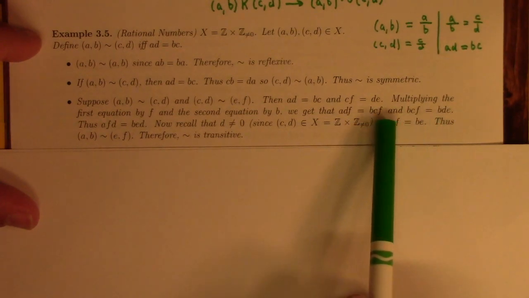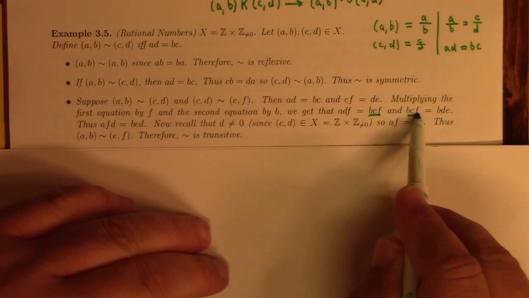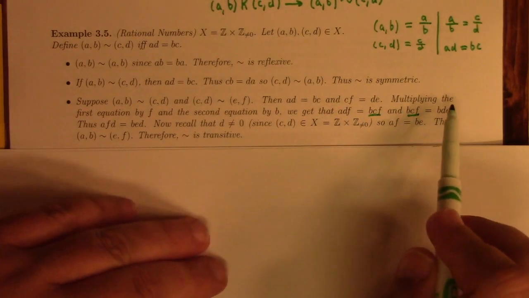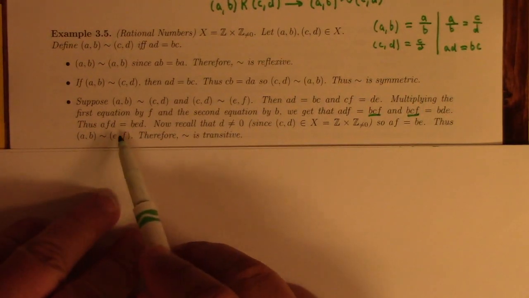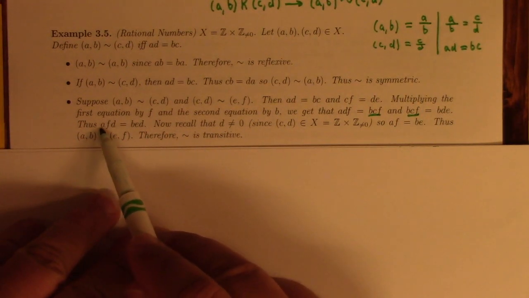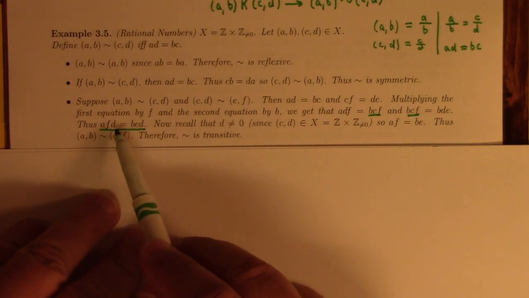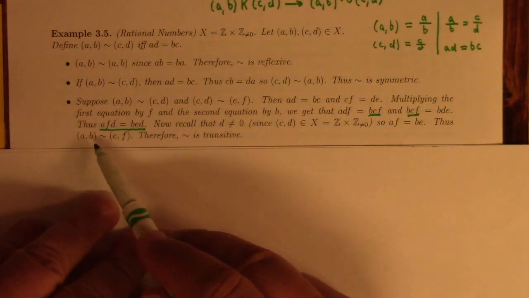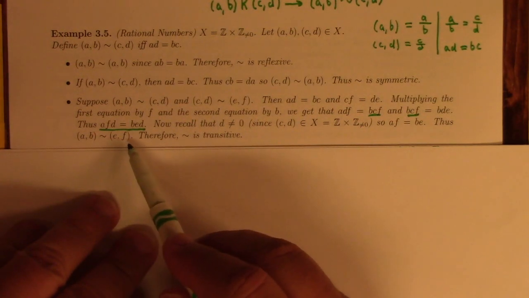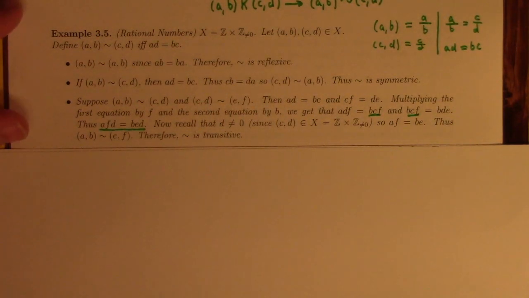But notice that this and that match up, which gives us ADF equals BDE, or BED. Then since D is non-zero, you can cancel it off. That gives us AF is equal to BE, and that shows that A,B is equivalent to E,F. Therefore, squiggle is transitive.